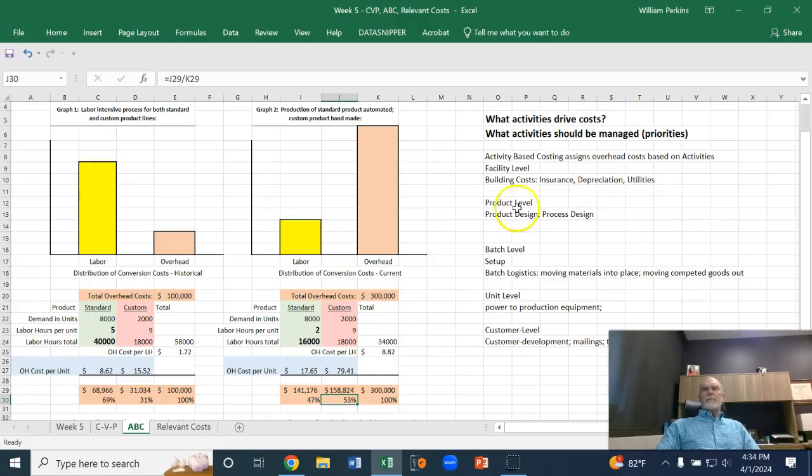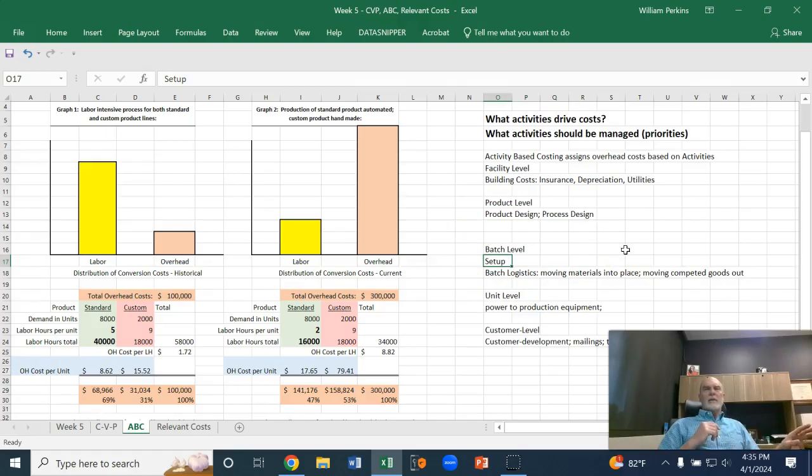For example, some of your costs have to do with simply designing the product and designing the process. So maybe those costs should just be allocated based on how many products we have. When you actually start producing items, every time we set up the equipment for this run versus that run, we incur some setup cost.